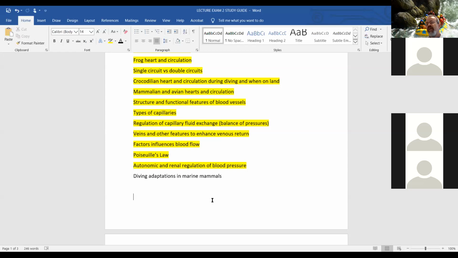And the diameter of those arterioles will also determine the pressure, right? If the diameter is very large, that means there's less resistance, so the pressure is going to be less. It's going to flow through. If the diameter is constricted, that's going to increase pressure.